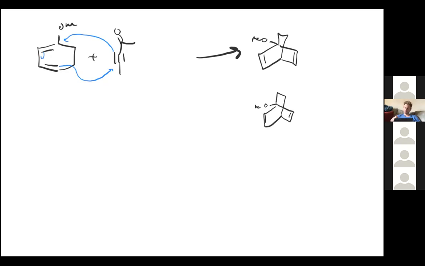Either our ketone ends up in this top carbon or in this bottom carbon. If you wanted to draw these in 2D, it's going to get a little messy.